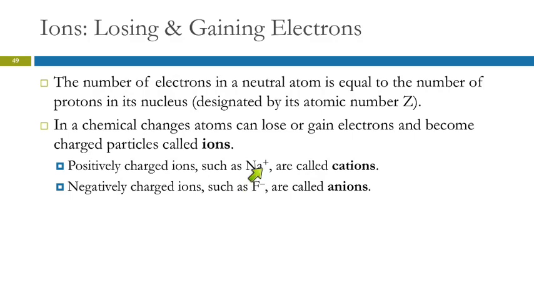To write the charges of the ions, we write those as superscripts to the right of the element symbol. We always write the sign for an ion charge. But we'll find as we go throughout the semester that chemists often omit the number 1. So this is a positive 1 charge, but we didn't write the 1. We just wrote the plus. And this is different from how we write exponents in math, right?